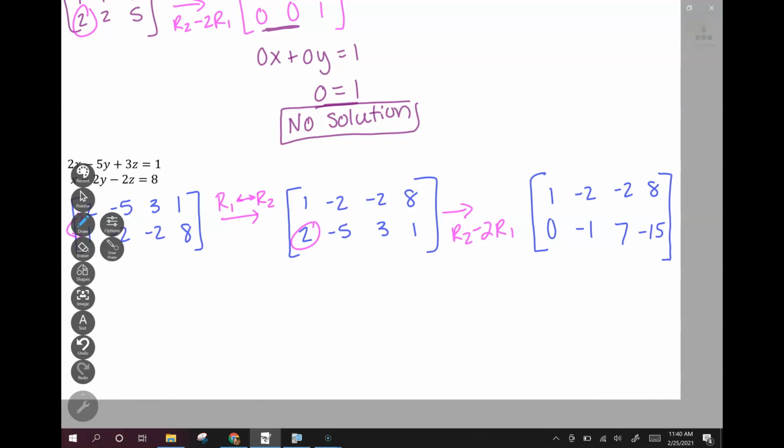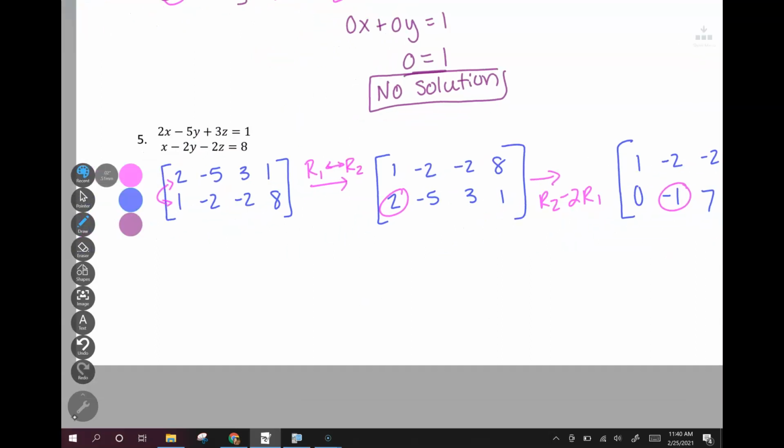All right, now we also need second row, second column to become a positive 1. So I'm going to multiply that row by -1. So I'm going to do row 2 times -1. So negative row 2.